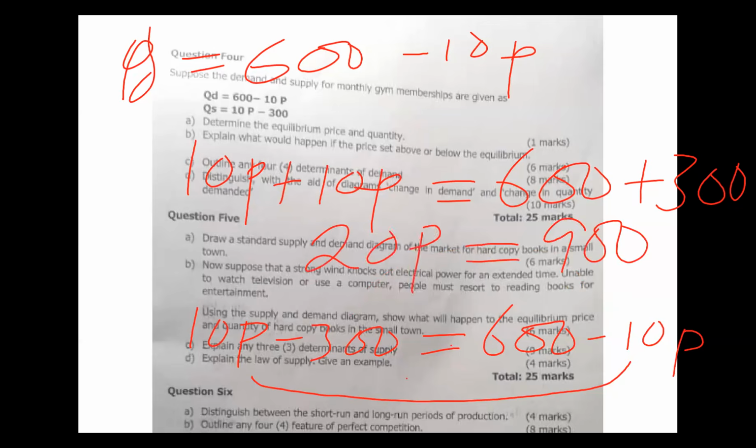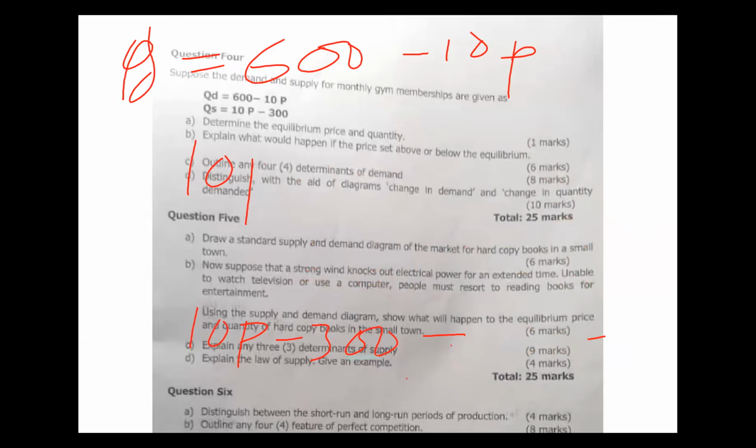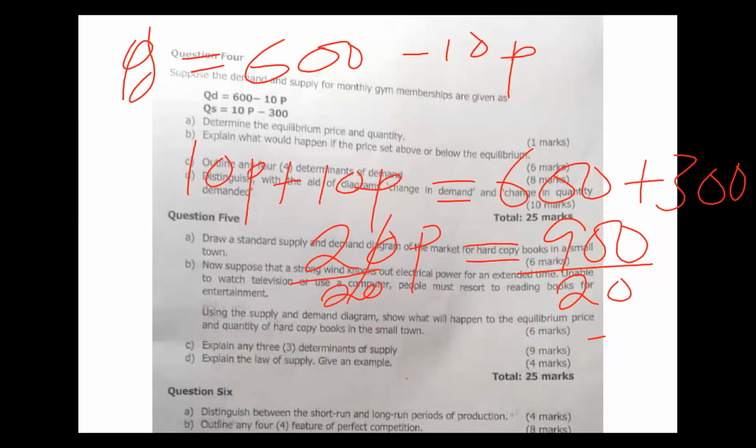We divide through by 20 so that we get p. You can easily cancel, 2 into that one. So the equilibrium price equals 45. Any question?